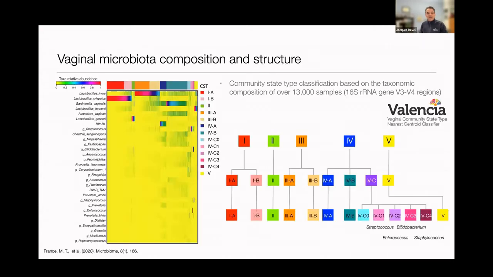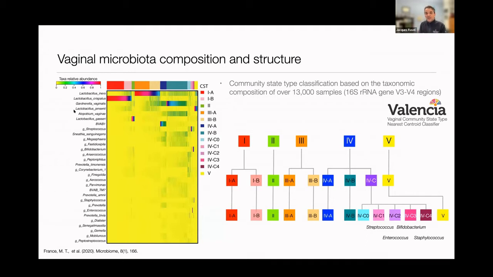Over the years, we've been able to categorize those different kinds of microbiota based on their composition, and we showed early on that there were broadly 5 major categories, 4 of which are dominated by species of Lactobacillus: Lactobacillus crispatus, Lactobacillus iners, Lactobacillus jensenii, and Lactobacillus gasseri, which are the main Lactobacillus that we find in the vagina.